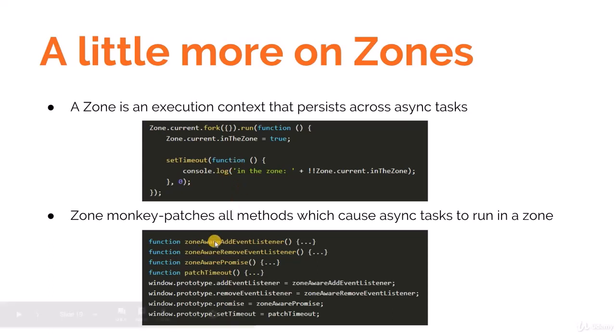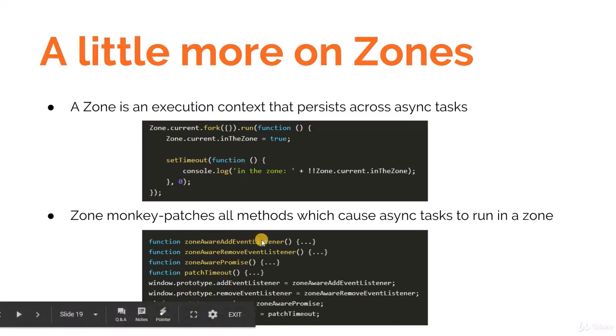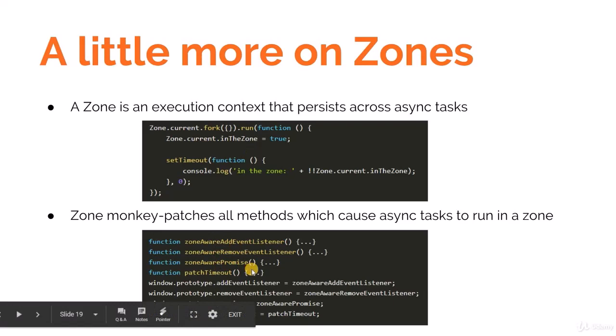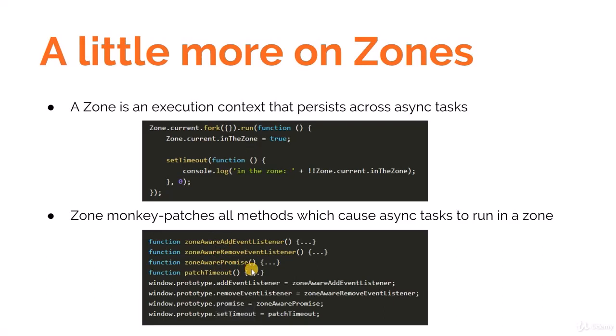Some of the other examples of such zone aware functions are these, where we are making functions like addEventListener or removeEventListener or a promise or a setTimeout zone aware.